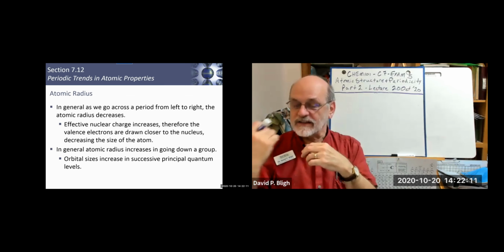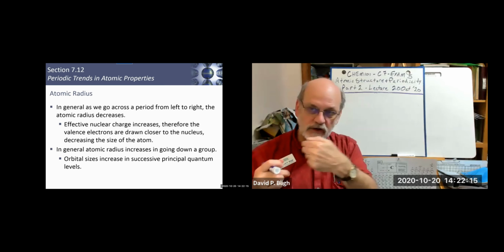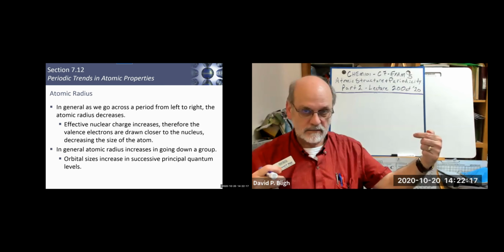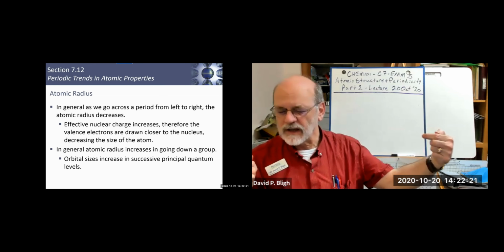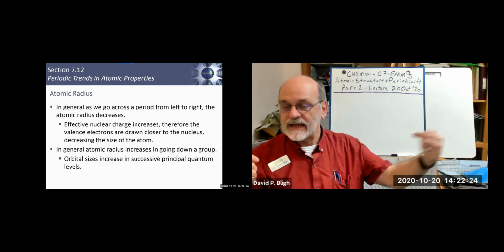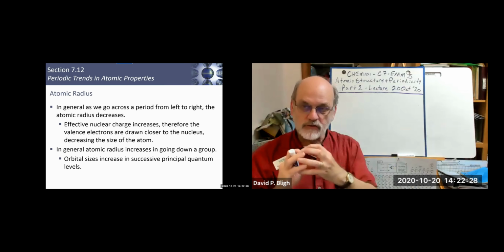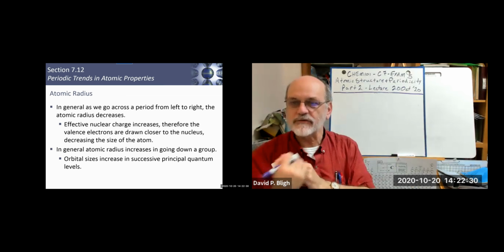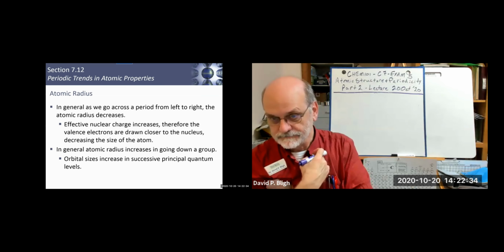And as we go from left to right in a period, you have increasing nuclear charge, which is not shielded by lower level electrons. And that increasing charge tends to draw those electrons closer to itself. So the trend from left to right is decreasing atomic radius.